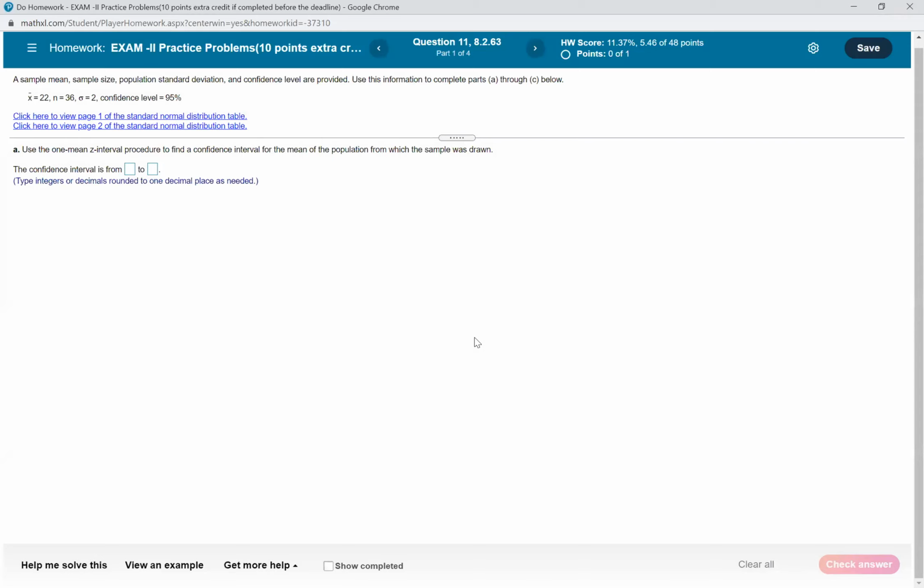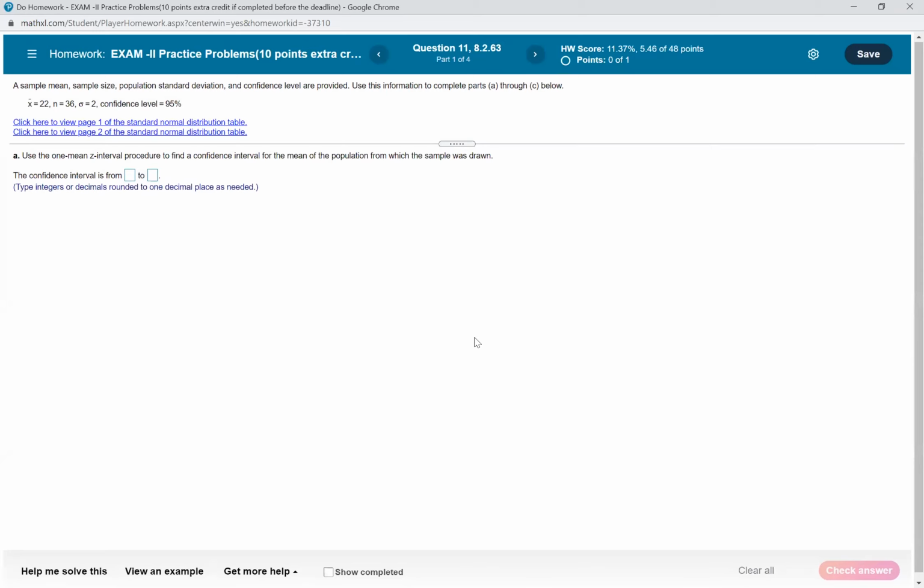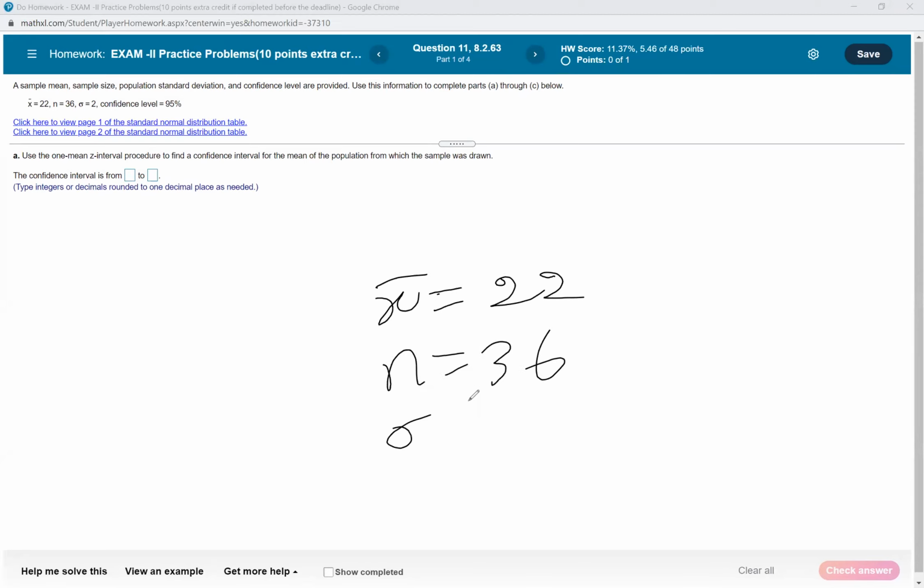Okay, a sample mean, sample size, population standard deviation, and confidence level are provided. So we have X bar, which is 22. We have sample size n is 36, and sigma is 2, and alpha is 0.05 because the confidence level is 95%.